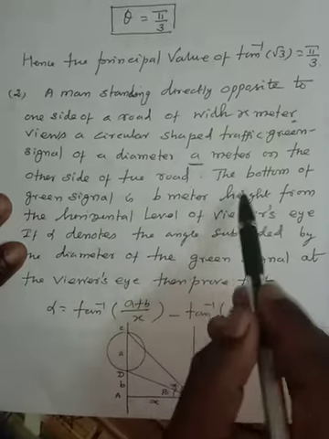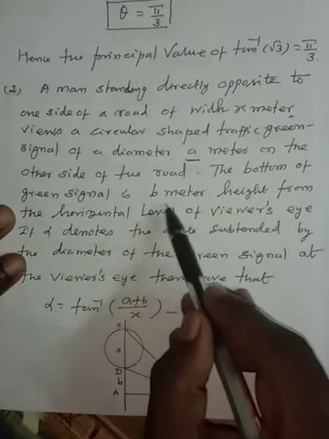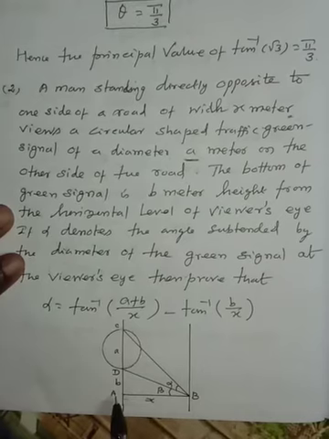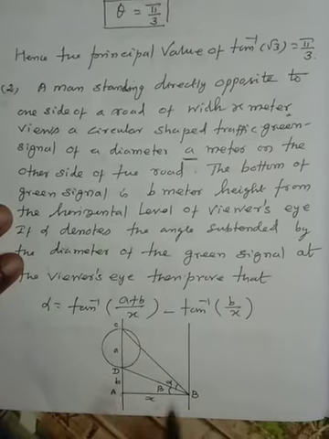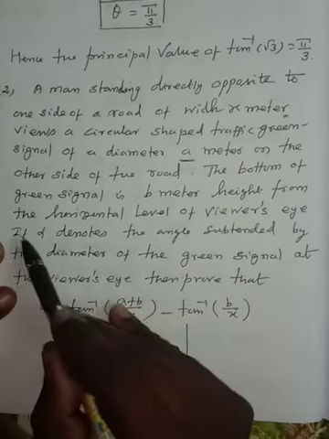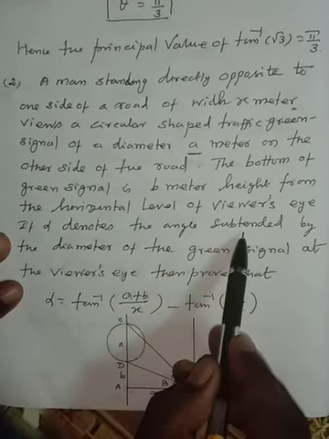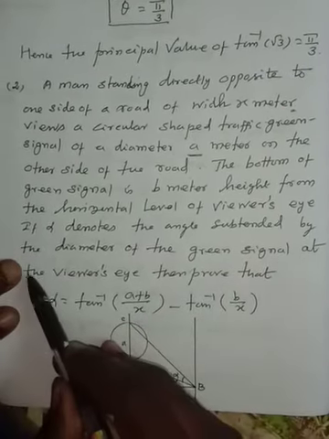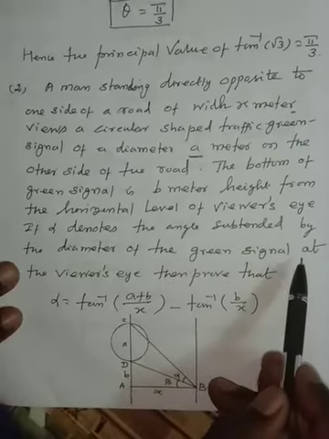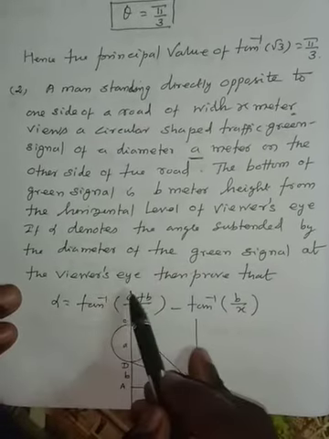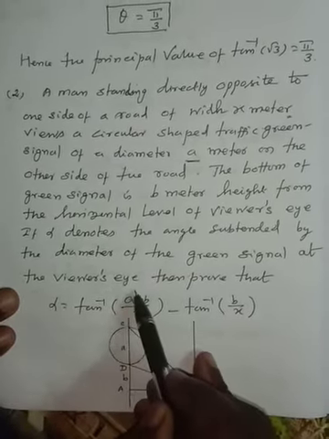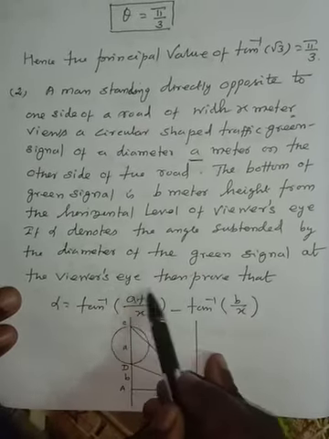the bottom of the green signal is B. From A to D is b, and the horizontal level of view is I. If alpha denotes the angle subtended by the diameter of the green signal at the viewer's eye, then prove that.